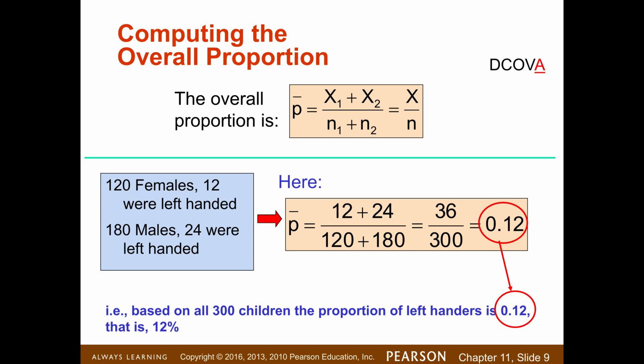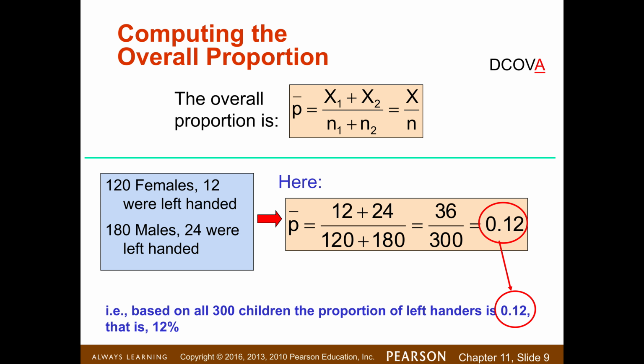So computing the overall proportion, we talked about this a couple of videos back. The overall proportion is just P with a line above it, and it's just the sample counts divided by the sample total. So in this case, there were 120 females, 12 are left-handed. Of the 180 males, 24 were left-handed. So our focus here is on being left-handed.